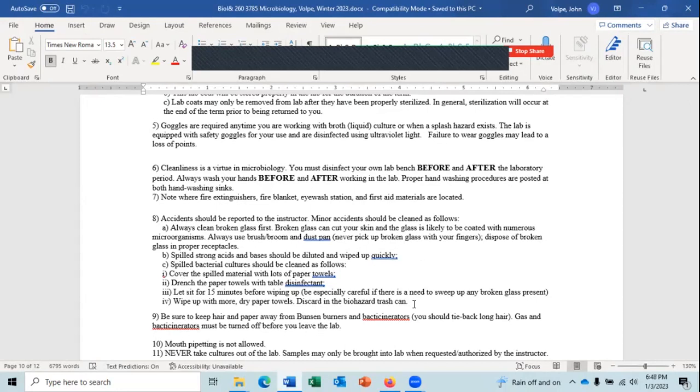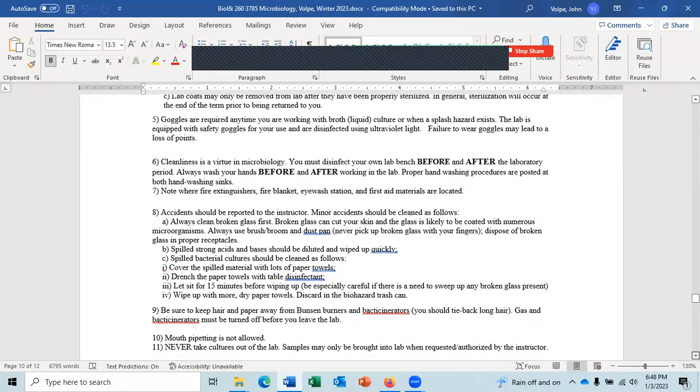Any question about that? We use bacterial incinerators. We used to use Bunsen burners. Keep your hair tied and away from the bacterial incinerators and the Bunsen burners. They should be turned off when they're not being used. Mouth pipetting is never allowed in the microbiology lab.